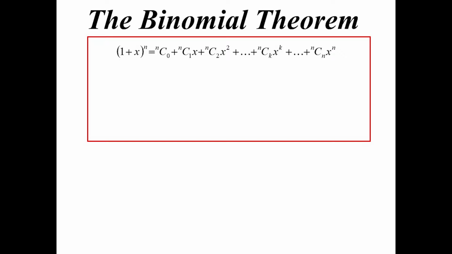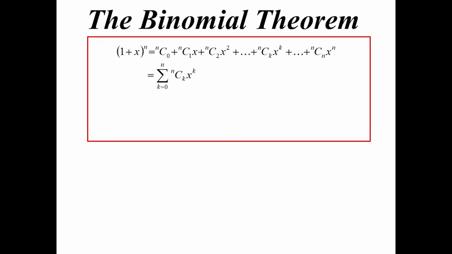In the middle there, just some general term, nCk x^k, and then the last term, nCn x^n. We can write that using some notation to save ourselves a lot of time. And so we could simply put the general term, which is nCk x^k, and then we're saying, oh, well, it'll be all of these, starting when k equals 0, all the way up to when k equals n.